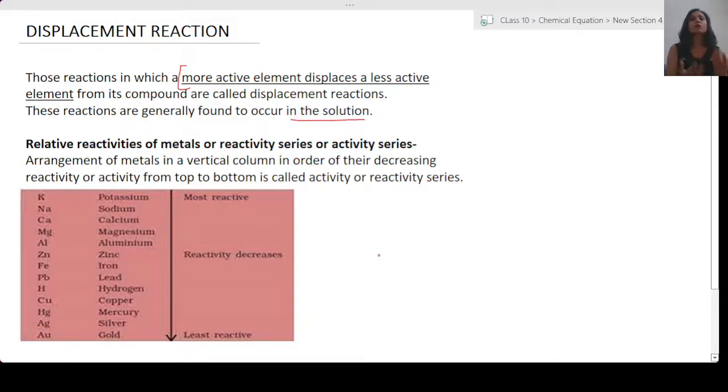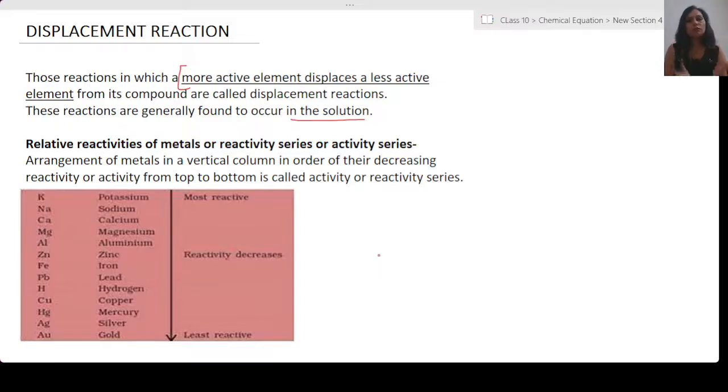Now, how are we going to decide whether this is more reactive or less reactive? All the metals and the non-metals are arranged in order of their reactivity, and that is called the reactivity series. Here I am showing you the reactivity series of metals where a few selective ones are kept.